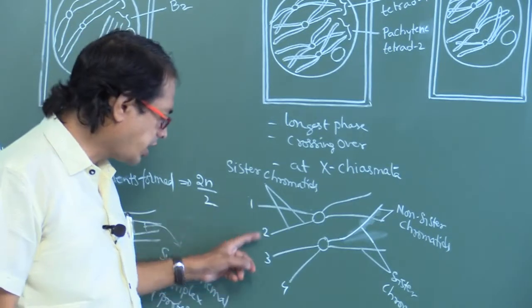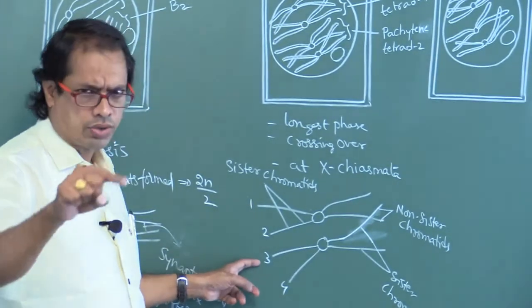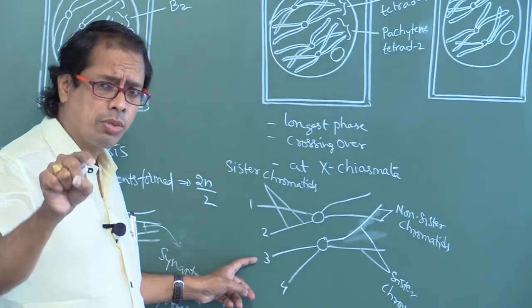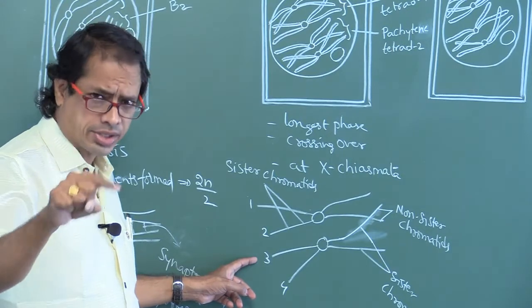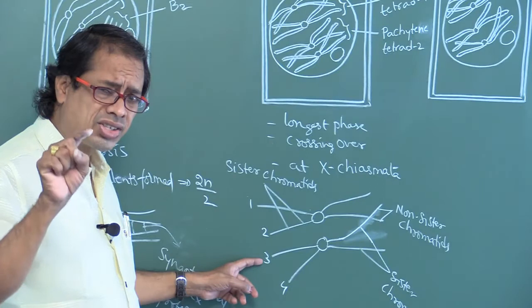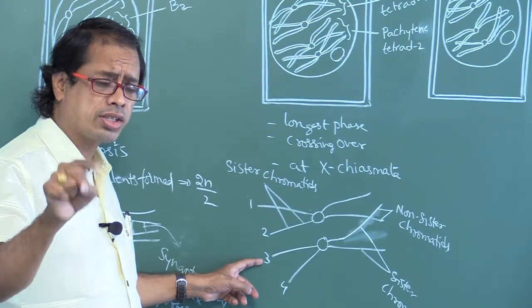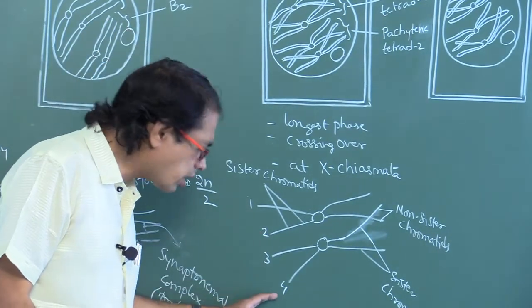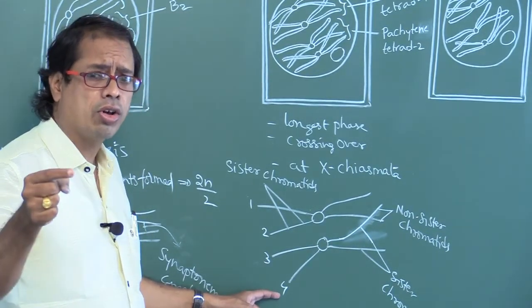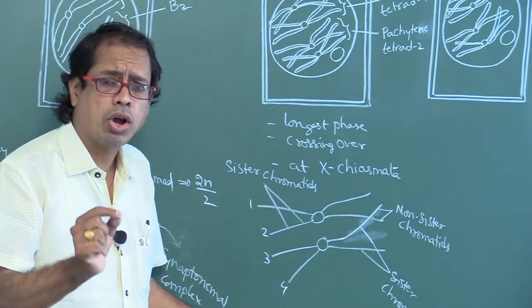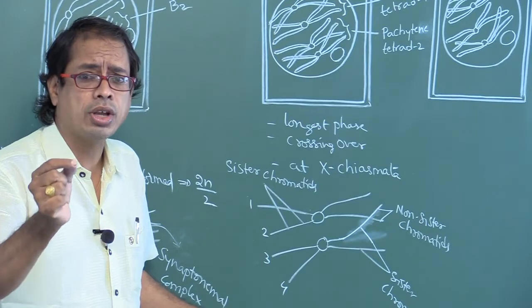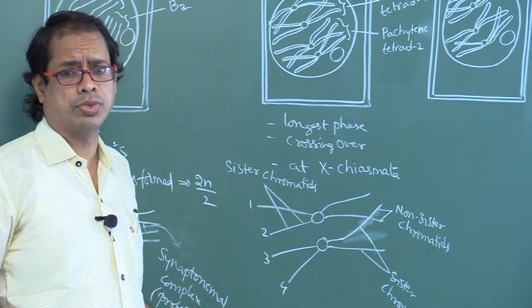Yes. 1 and 4 are non-sister. Yes. 2 and 3 are non-sister. Yes. 2 and 4 are non-sister. Yes. So crossing over always occurs between two non-sister chromatids of homologous chromosomes.